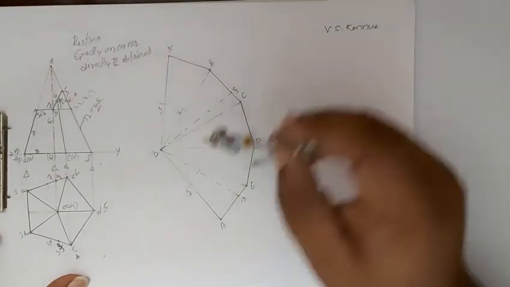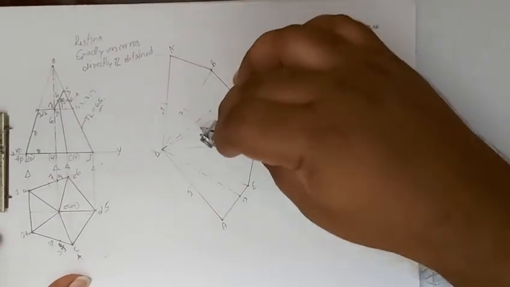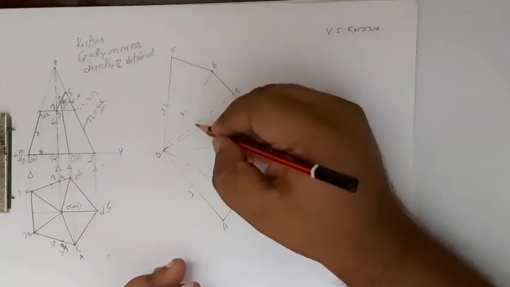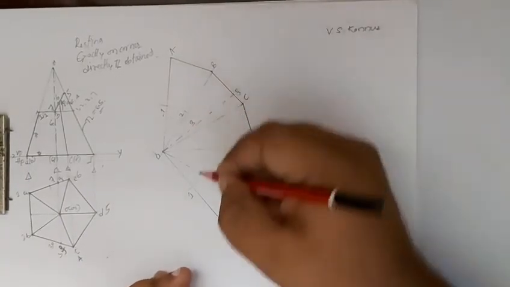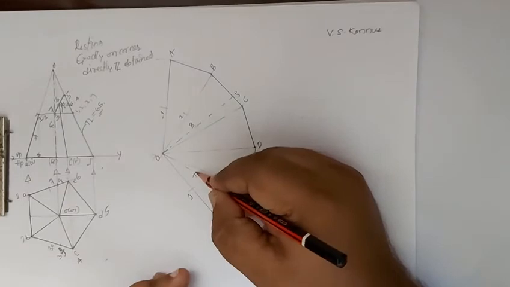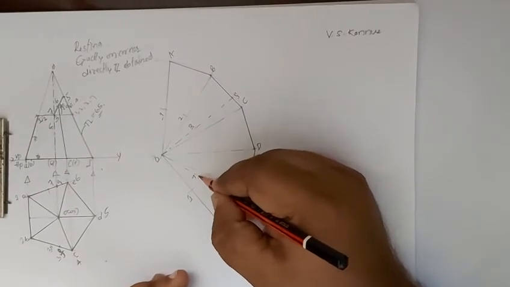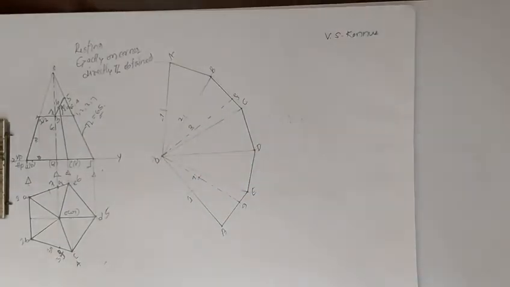So 3 will come here and 7. This is 3, this is 7. So this square will get 3 and 7.